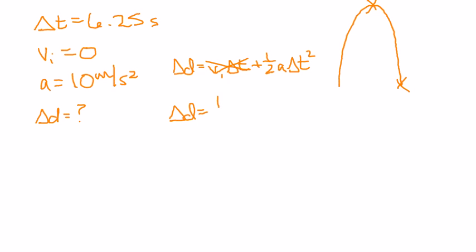And we're going to be left with 1/2 times 10 meters per second squared times delta T, which is 6.25. That's our total time. To find this half of the fall, we're going to need to divide that by 2, which is 3.125 seconds. That's a pretty important step there.